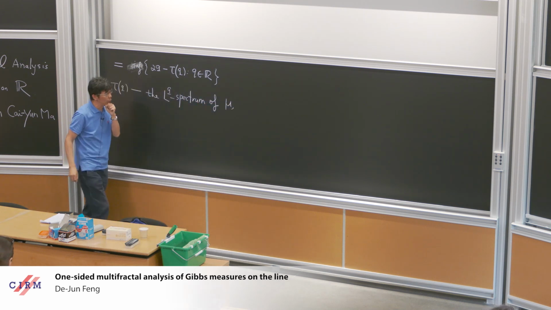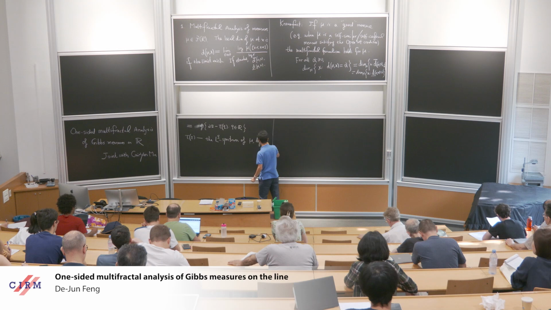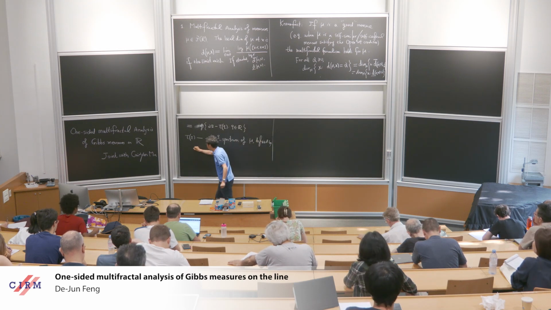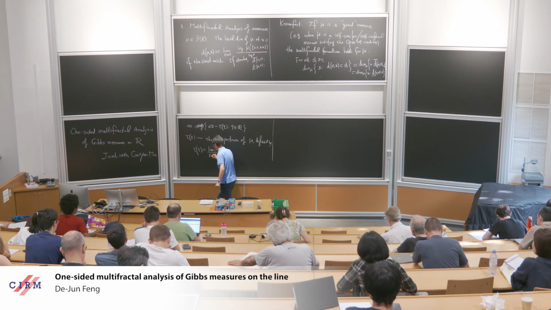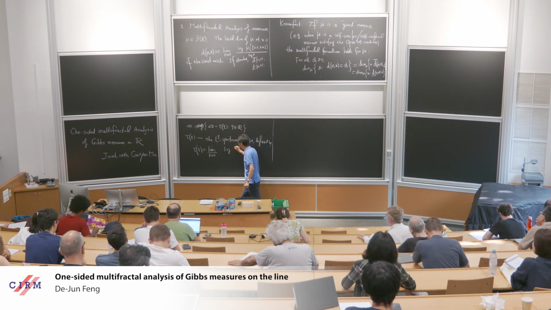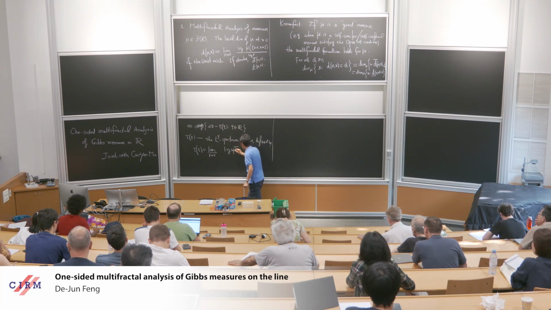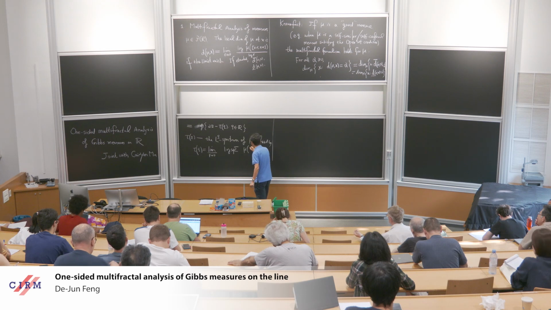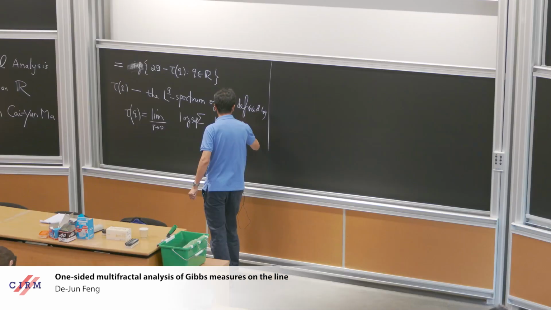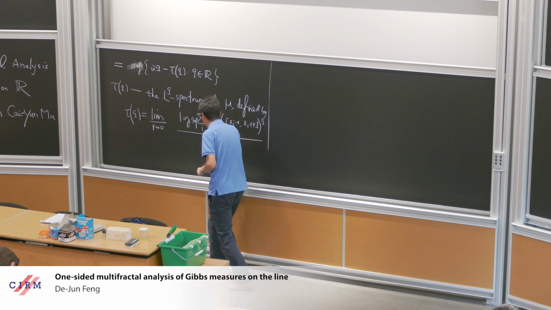Which is defined by tau q equal to the lower limit as r tends to 0 of the logarithm of the supremum of the summation of mu of (x_i minus r, x_i plus r) to the q's power, over log r.